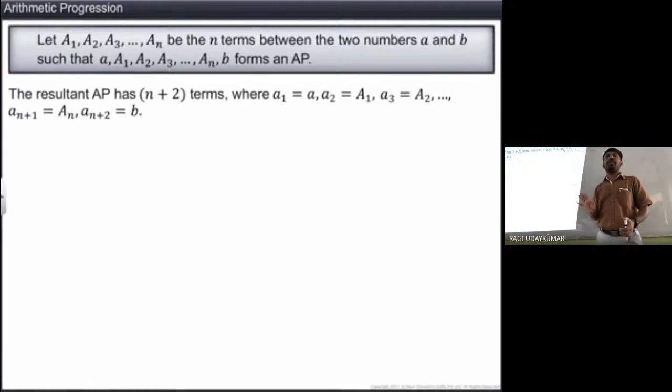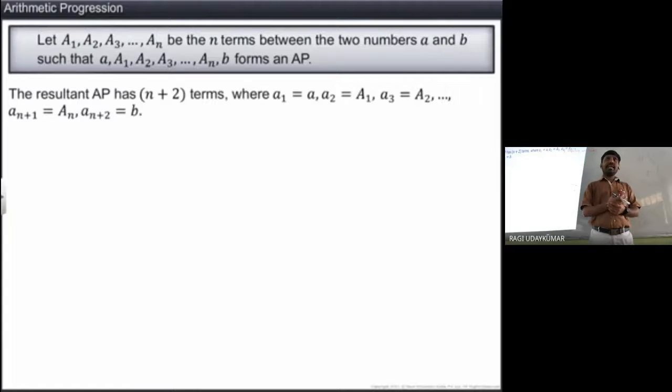But here we cannot use (A plus B) by 2; we have to find those numbers. So the resulting sequence is an arithmetic progression with n numbers inserted. So now there are n plus 2 terms. Why n plus 2? Between them n numbers came; the first one is A, the last one is B. Total becomes n plus 2.